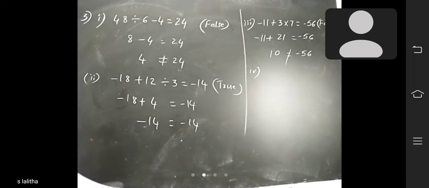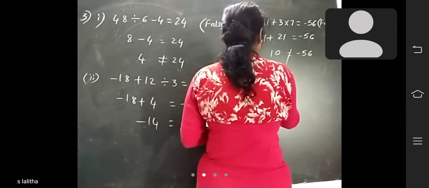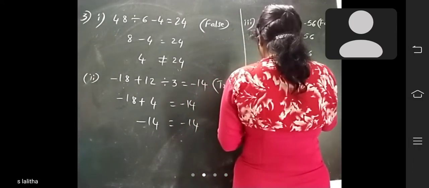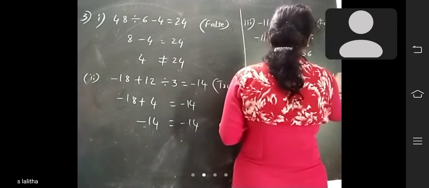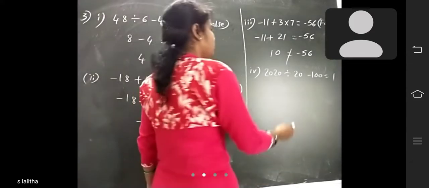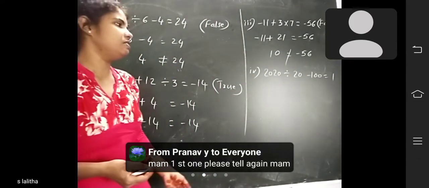Next, fourth one. 20 divided by 20 minus 100 equal to 1 is the given statement.